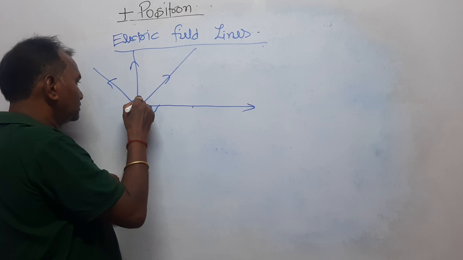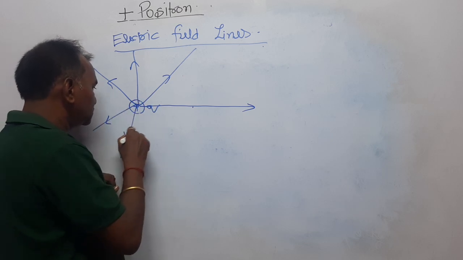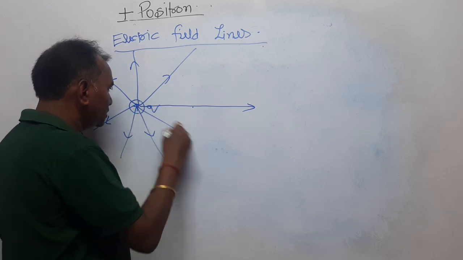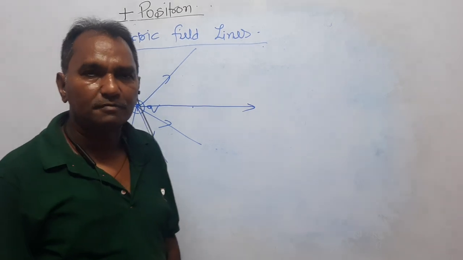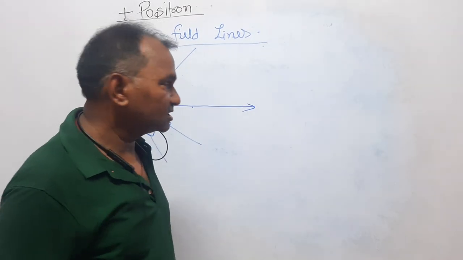It will be repelled in this way. And this is the field line due to positive charge.